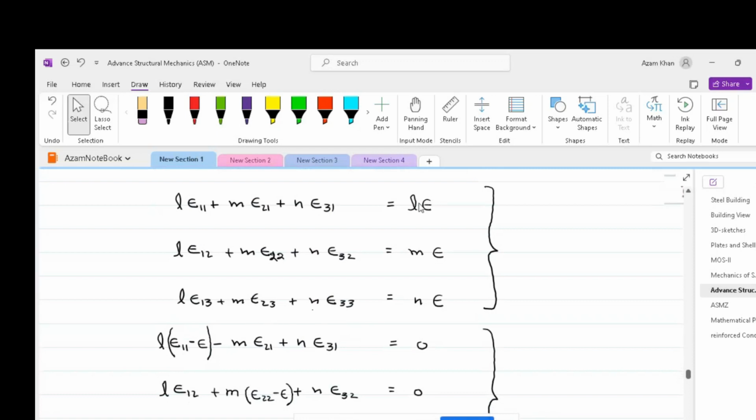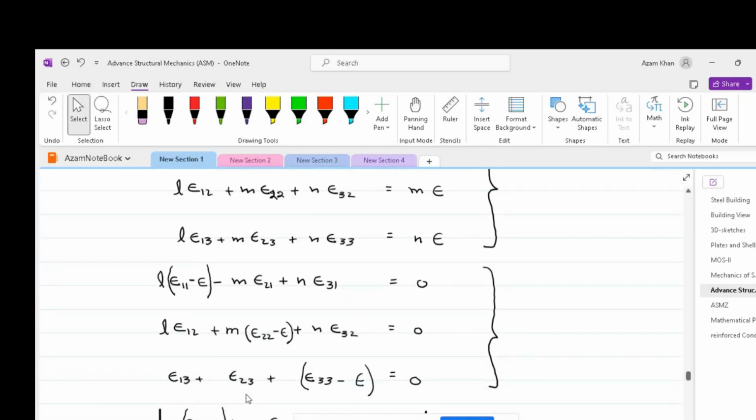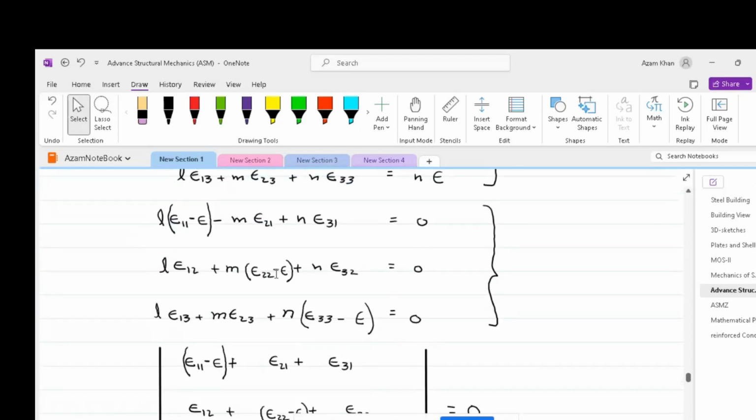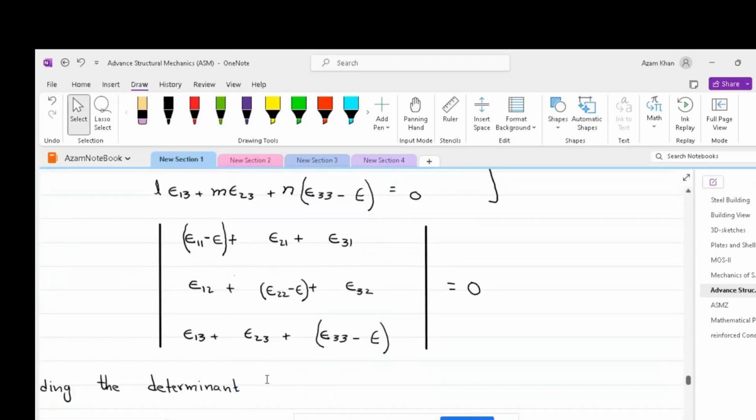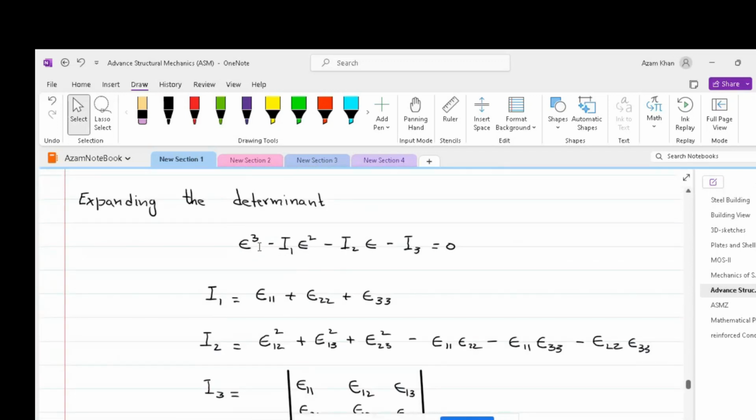The right hand side value can be brought to the left hand side and L, M and N be taken as common, as shown in the following three equations. After this, we can take the determinant of both sides, and solving this determinant, we will get the so-called characteristic equation in terms of I1, I2, and I3, which are defined as follows.